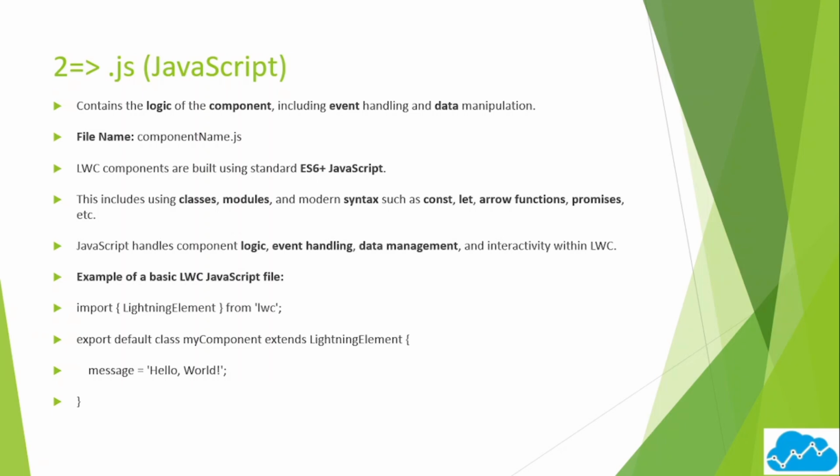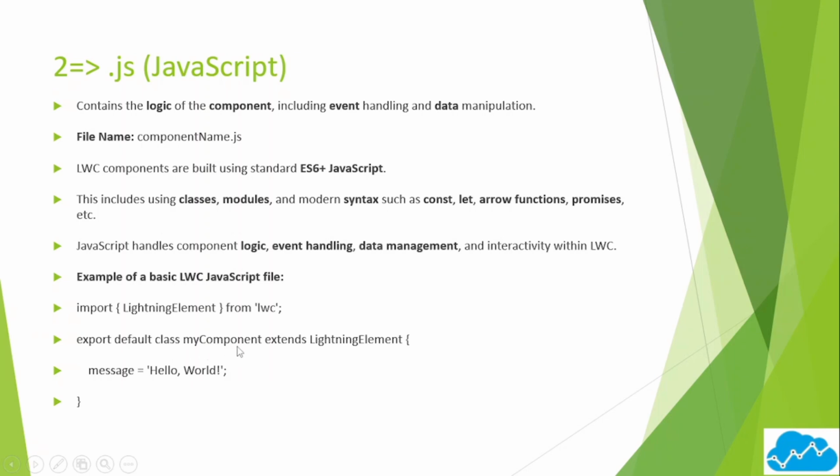Example of a basic LWC JavaScript file. In the first line we see import, in curly braces LightningElement without space, then a closing curly brace, from, in single quotes 'lwc', and a semicolon. In the next line we see export default class.